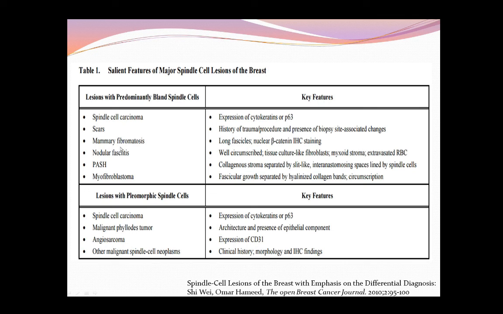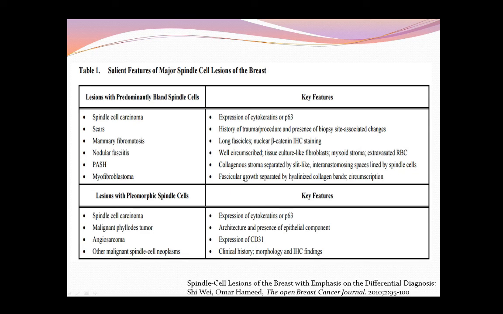Mammary fibromatosis, long fascicles, broad, nuclear beta-catenin staining. Nodular fasciitis, well circumscribed, rapidly growing lesion, has a tissue culture like fibroblast, myxoid stroma, and extravasated RBCs. PASH, collagenous stroma, separated by slit-like anastomosing spaces, and these are lined by bland spindle cells.